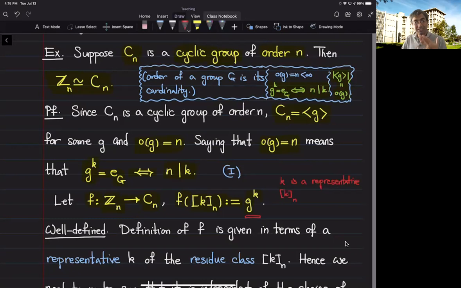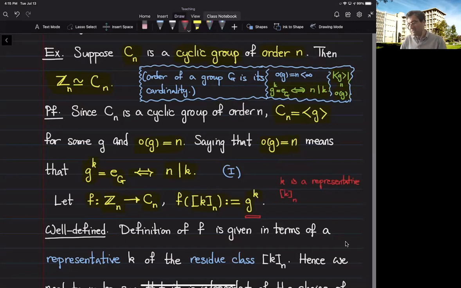We need to justify this. We need to say what happens if I choose another representative. Why do I end up getting the same result on the right-hand side? That we say we need to address the well-definedness of the function f. We need to justify why this is indeed a function.